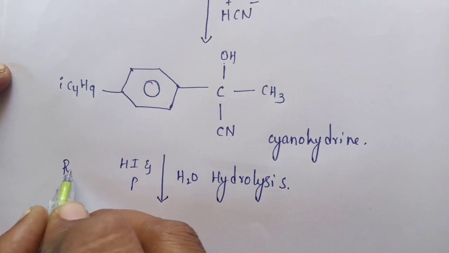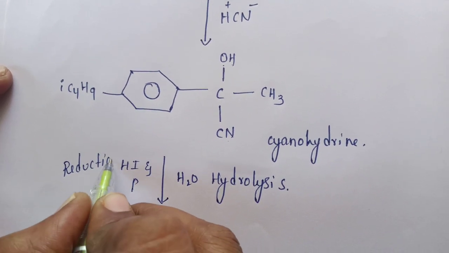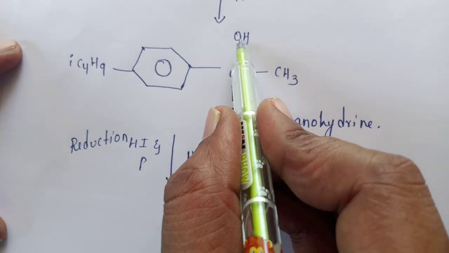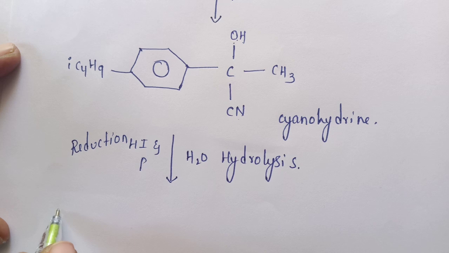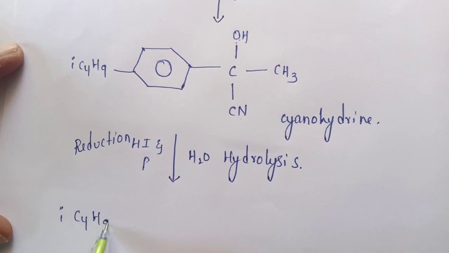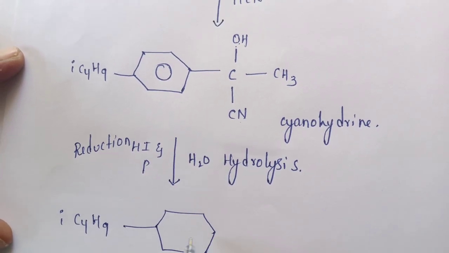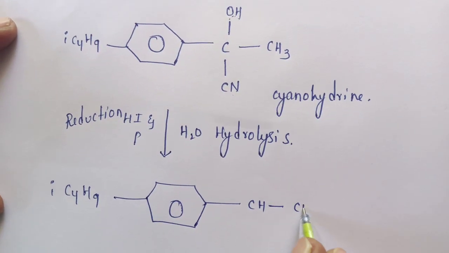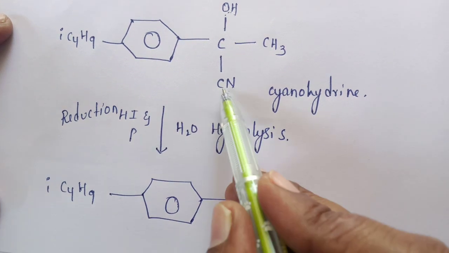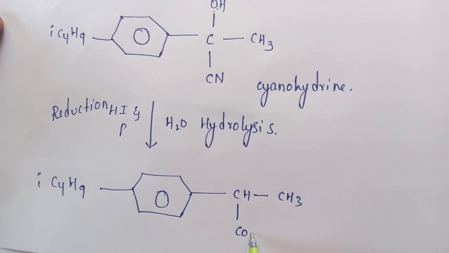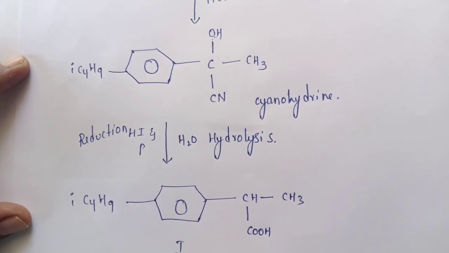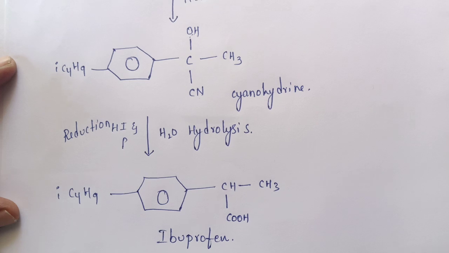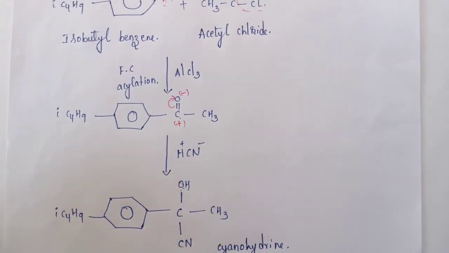It undergoes reduction with removal of oxygen, and finally it gives a molecule, IC4H9 with benzene, CH by the loss of oxygen, then CH3, and here the cyanide upon hydrolysis converts into COOH, which is the structure of ibuprofen. Simple synthesis.